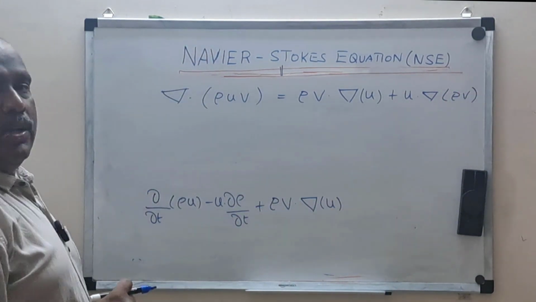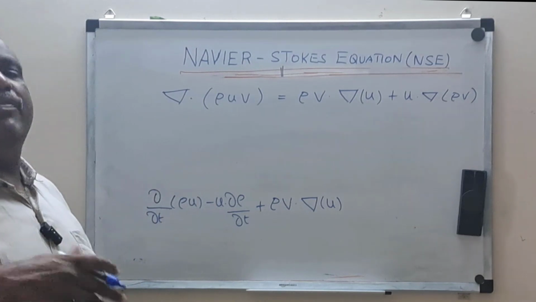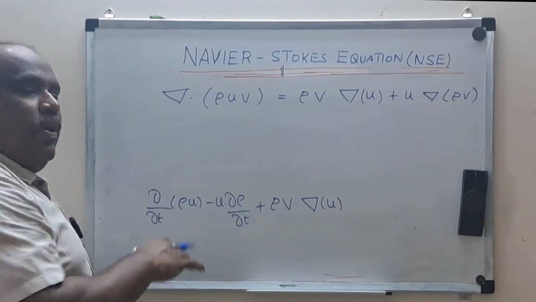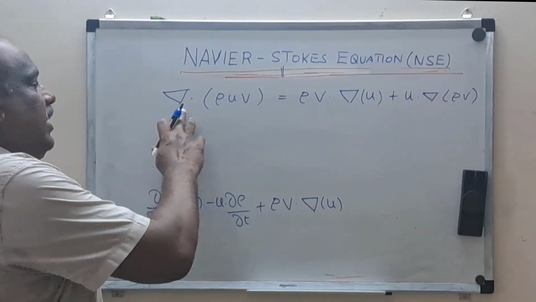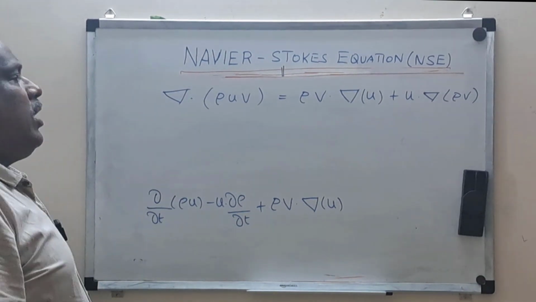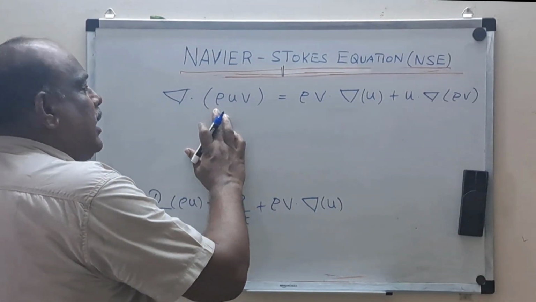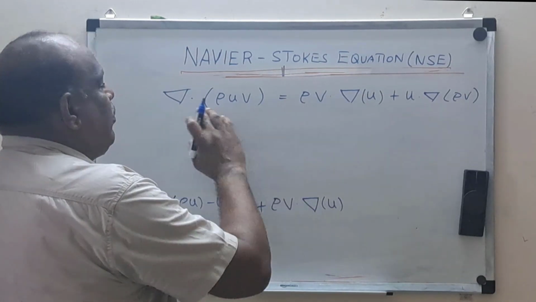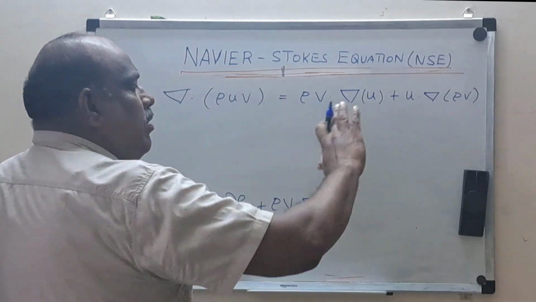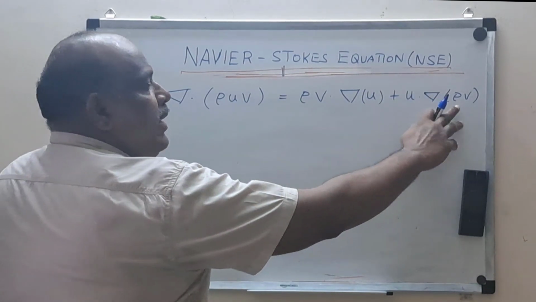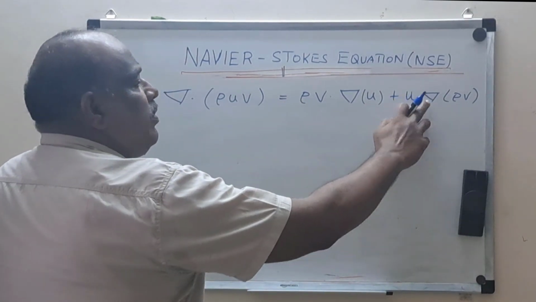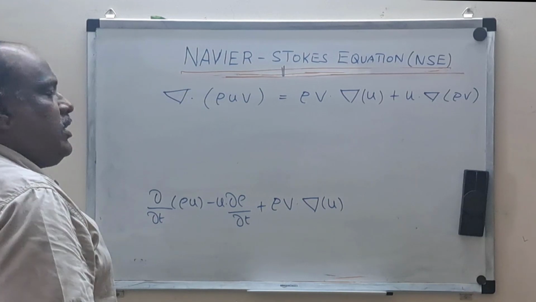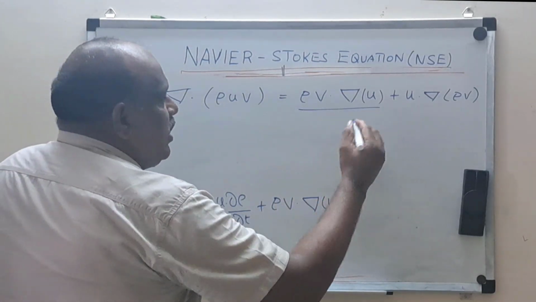How I am taking? I will repeat once again. I am going to simply find del of rho u v. Why I am finding it, I will tell you later. Out of these three variables, I am going to couple rho and v. So rho v I am taking as a single variable into del of u plus, now I am going to take u outside and make rho v the differential, so u into del of rho v. So from this, you see, this term only I want.